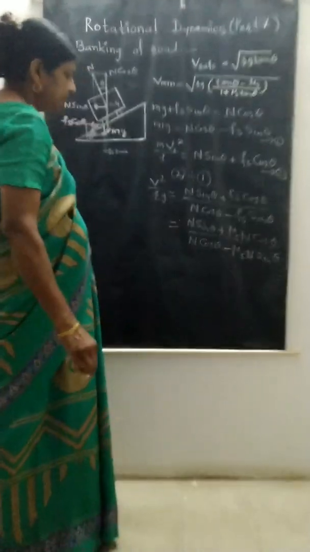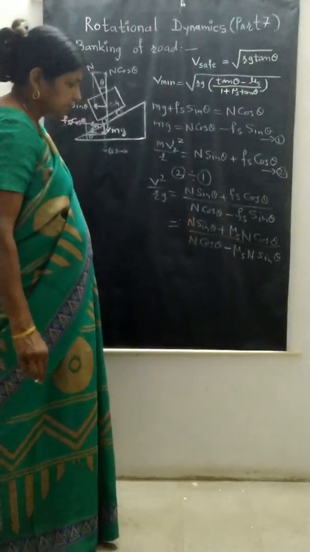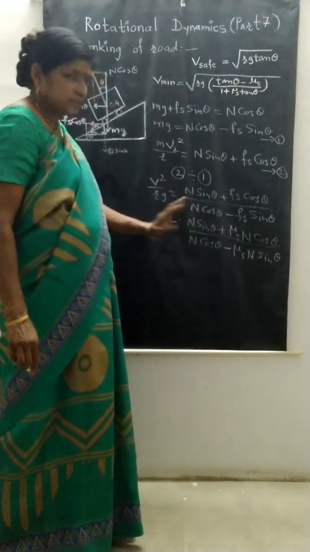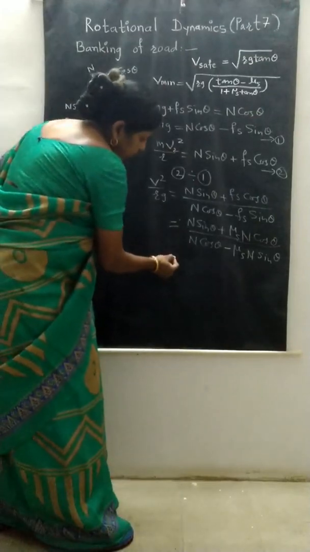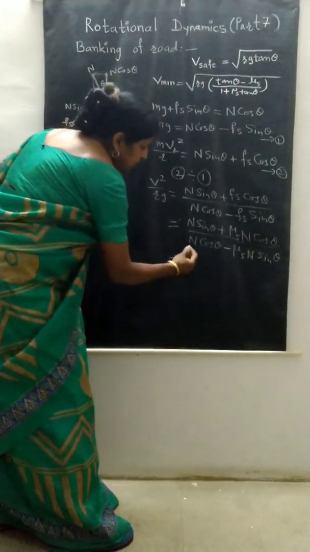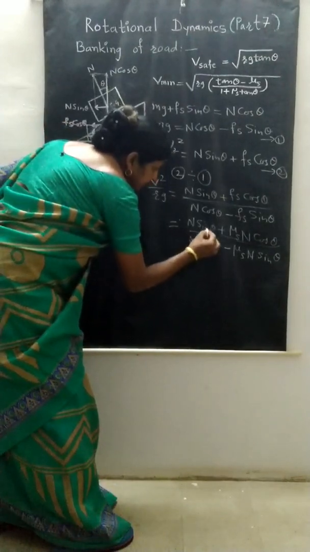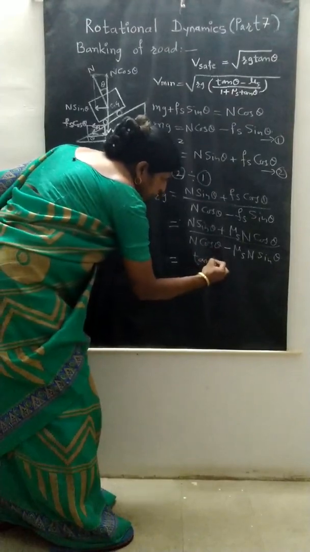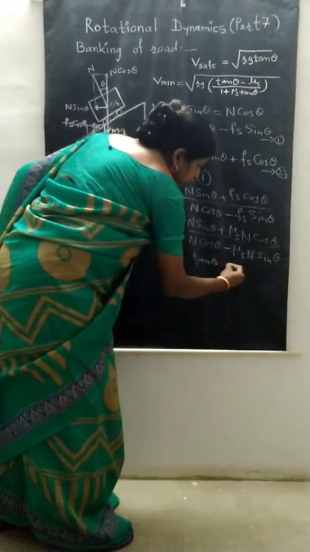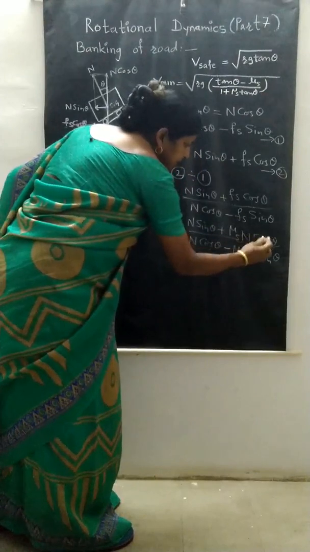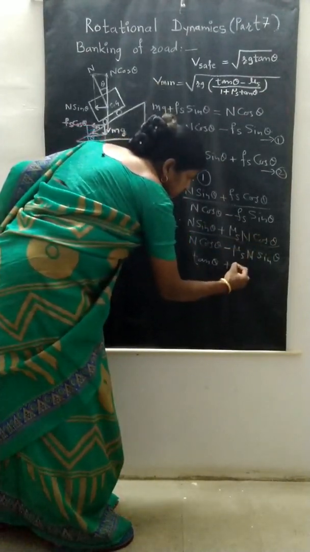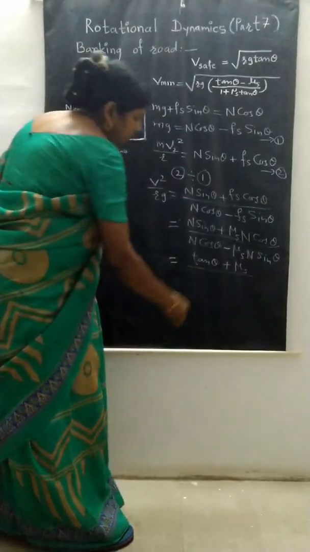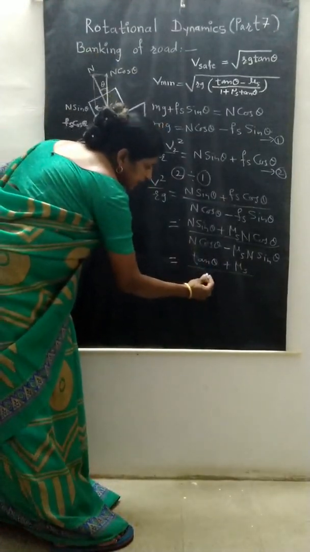Again we shall divide the right hand side in numerator and in denominator by cos theta. So we shall get sin theta upon cos theta is equal to tan theta, plus mu s cos theta upon cos theta will be 1, so only mu s will be there, upon cos theta upon cos theta is 1.